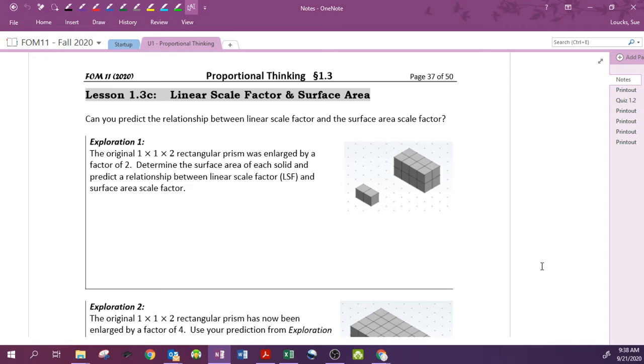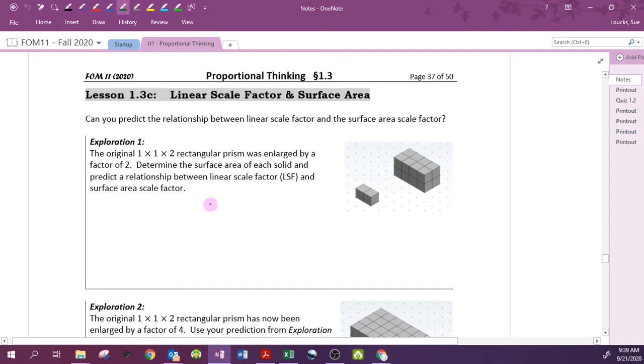So the original 1 by 1 by 2 rectangular prism is the smaller one here. Let me see if I can get my pen working properly. There we go.